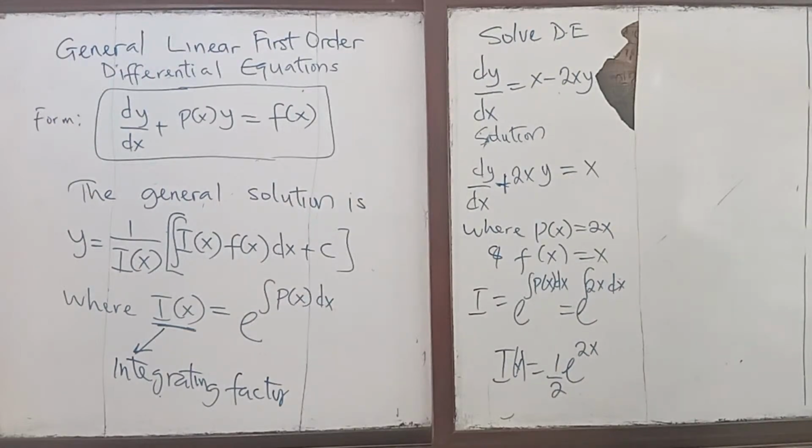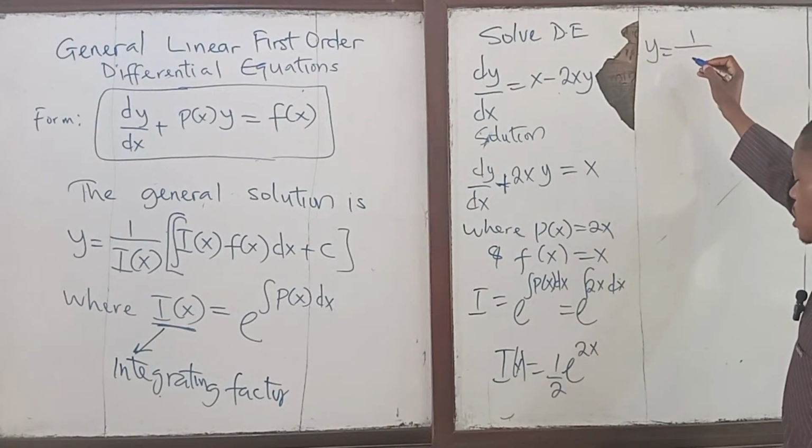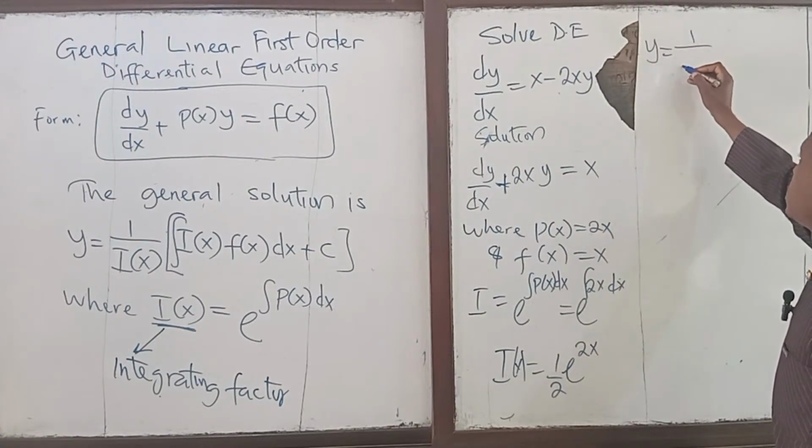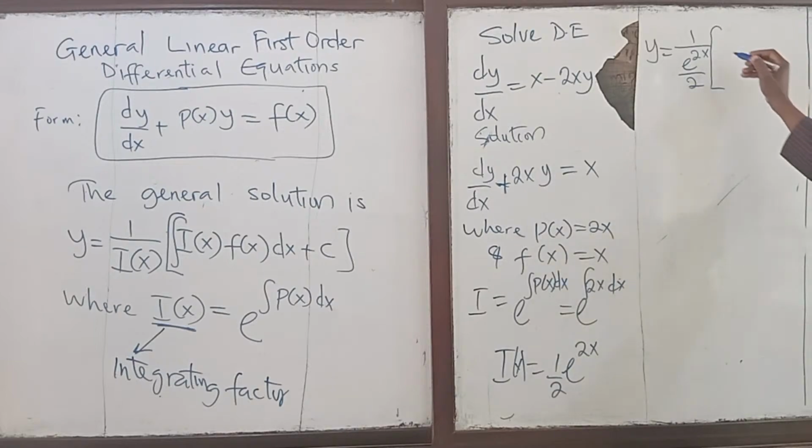Then we can now write the general solution. The general solution will be 1 over the integrating factor, which is e to the power 2x over 2. Open your brackets. The integrating factor is e to the power 2x over 2 times f of x.